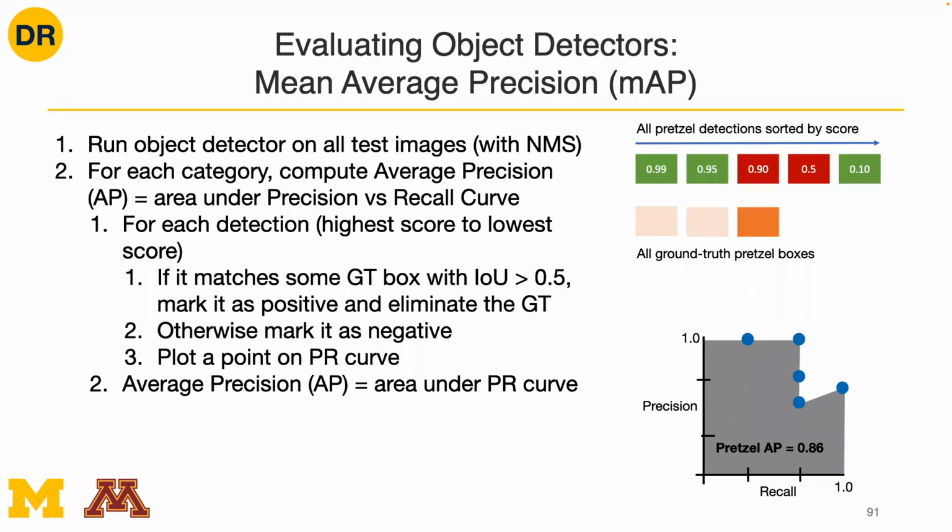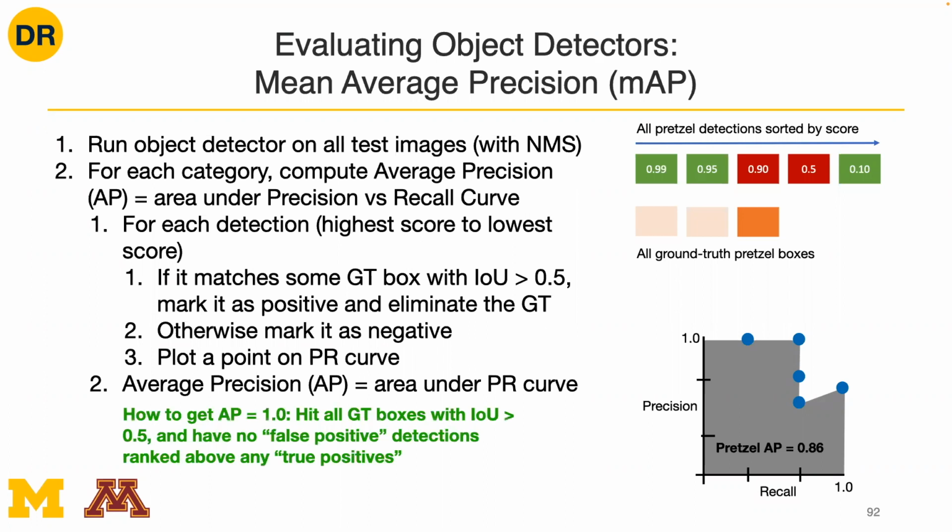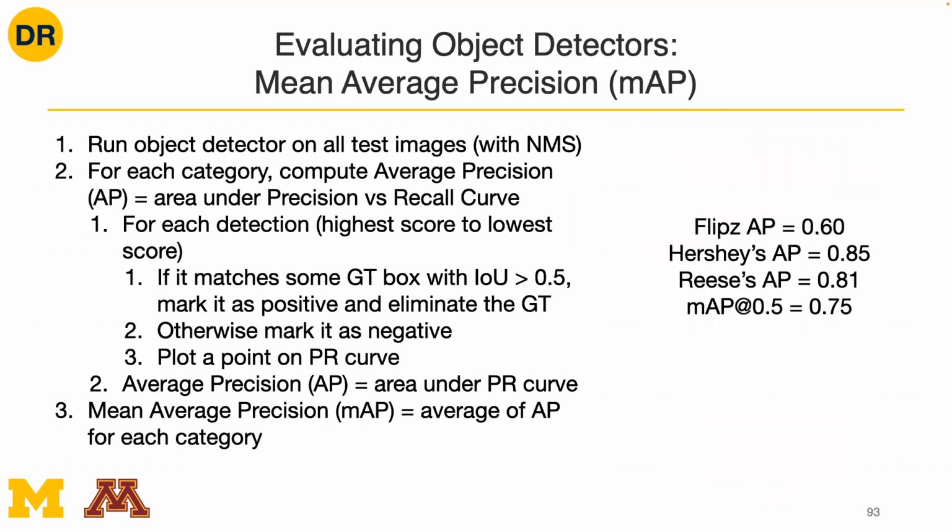Correct. So you can get different average precisions for every IOU threshold that you choose. Got it. And you take a mean across that, so that's the mean average precision? Yeah, if you take a mean across all the categories for a particular threshold, that becomes your mean average precision.